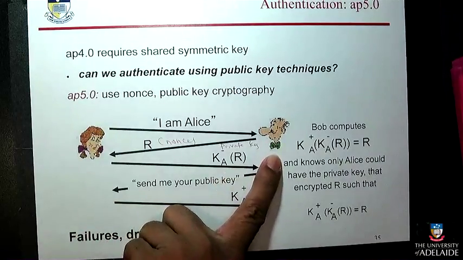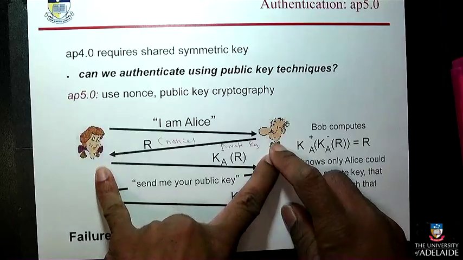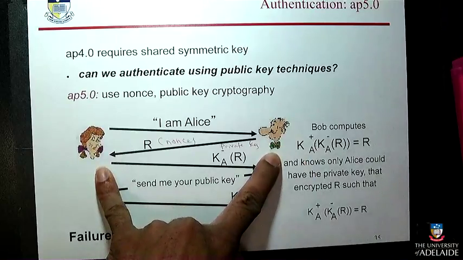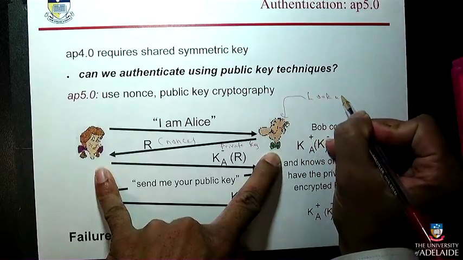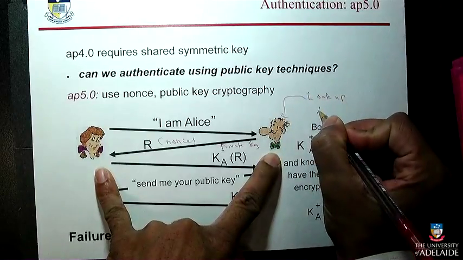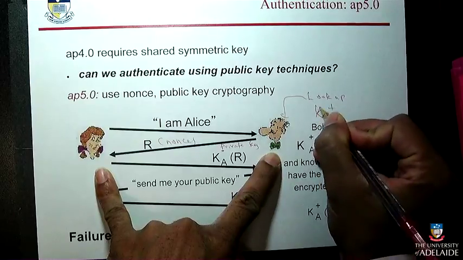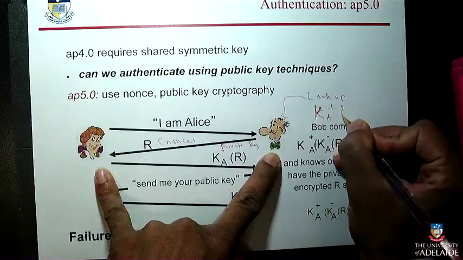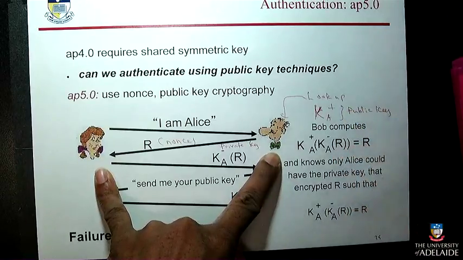Now remember that Bob can look up Alice's public key, because it's public, okay? So Bob just needs to look up K A plus, which is the public key.